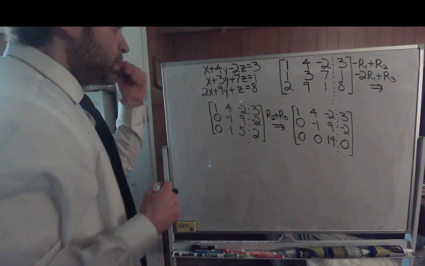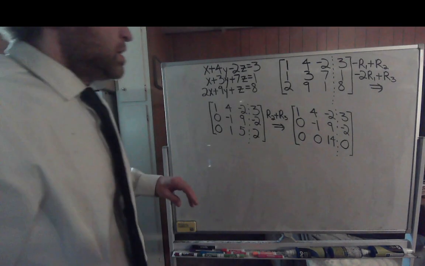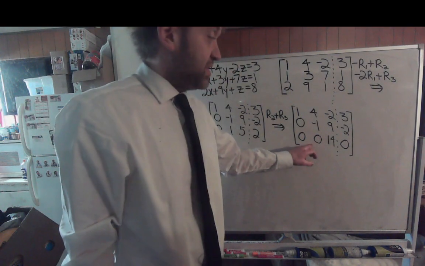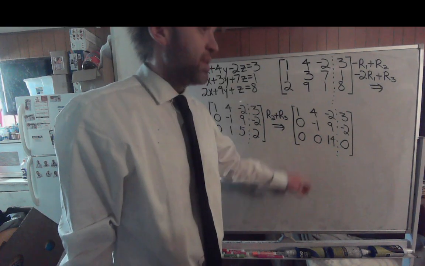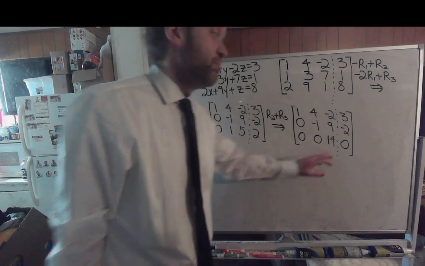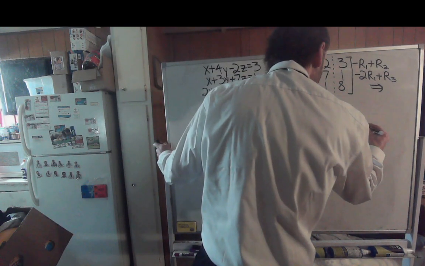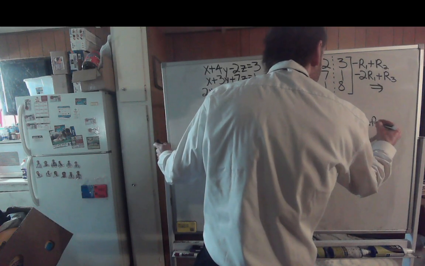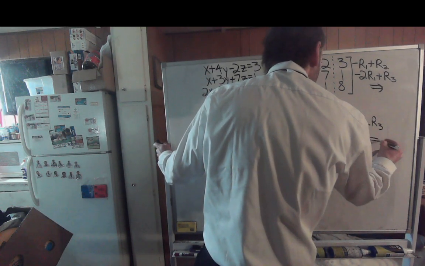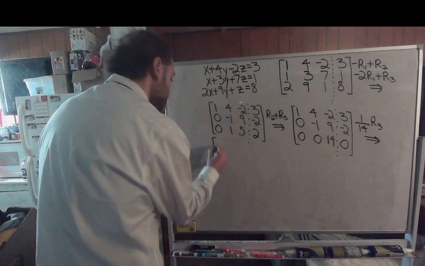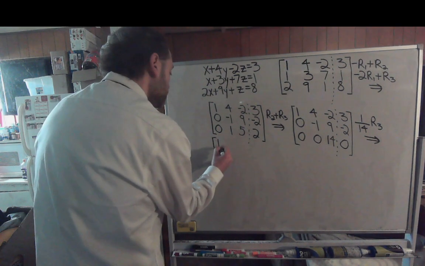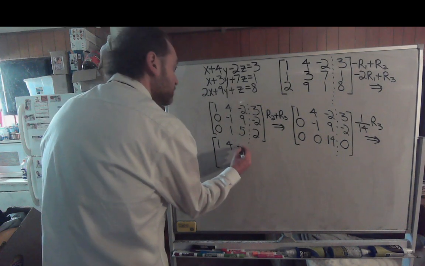Alright, well, we have the zeros we need in row 3, but the leading digit's a 14. It should be a 1. So we'll need to take 1/14 of row 3. Let's go ahead and do that real quick. Get our next matrix. Still leaving row 1 alone.